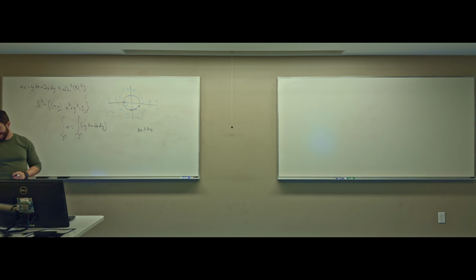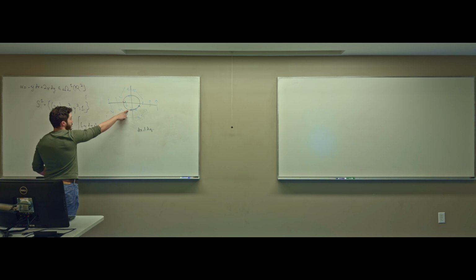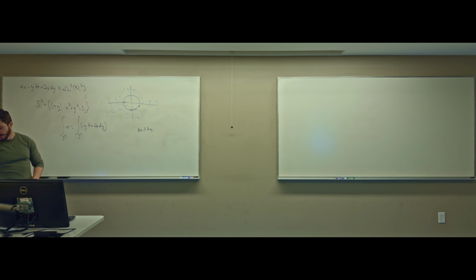Okay. So to take this differential one form defined on R2 and leverage that to integrate on some submanifold of R2, I need to define what's called a pullback. So I need to pull back that differential form by some function.